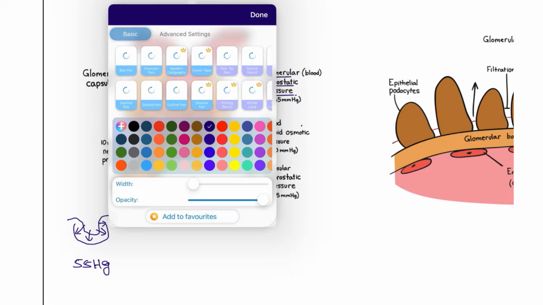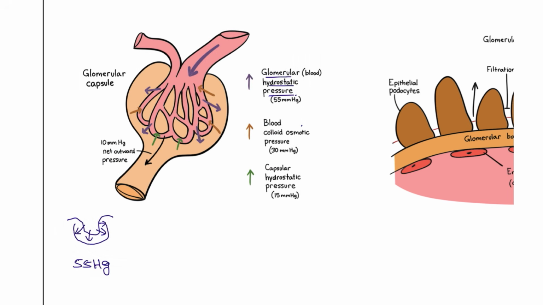Next one, let's see. That is the blood colloid osmotic pressure. Again, this is the capsule, and this is the arteriole and the glomerulus. This is given by the Bowman space, the blood colloid osmotic pressure. This is around 30 mmHg.